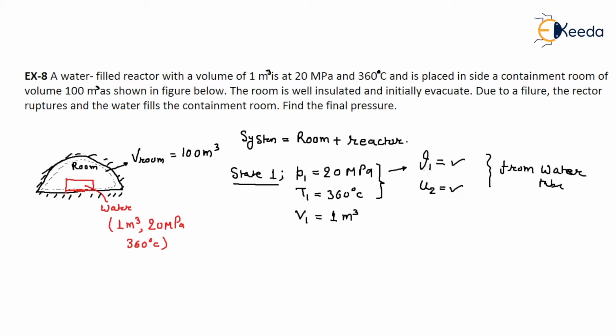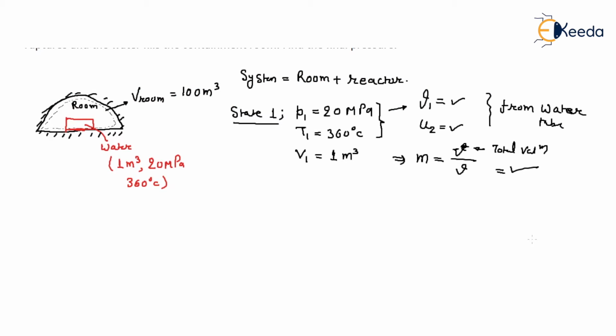If you find the specific volume and you have the total volume, then what is the mass? Mass is total volume divided by specific volume. So you have knowledge about the mass of the water which is inside the reactor.